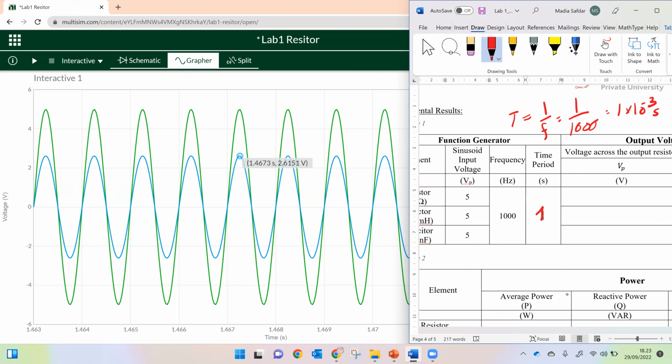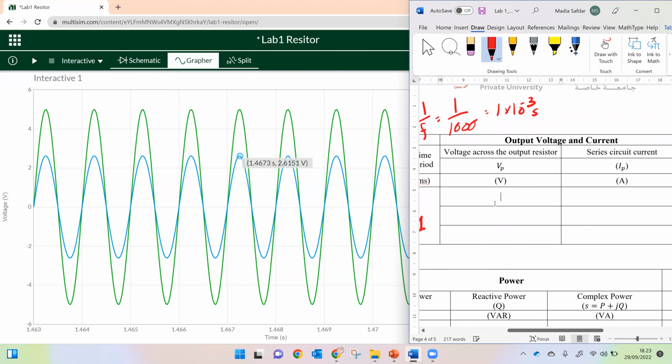So you will write here 1 millisecond, and put M for millisecond. Then the peak value of voltage is how much? 2.615. Write it here, 2.615. The unit is volt.